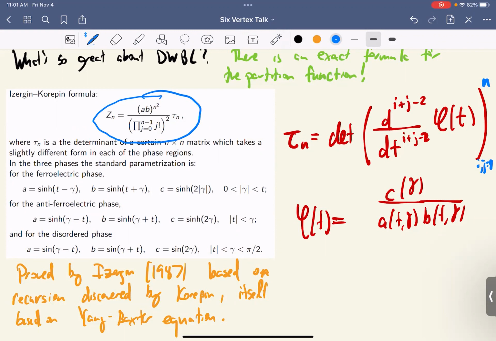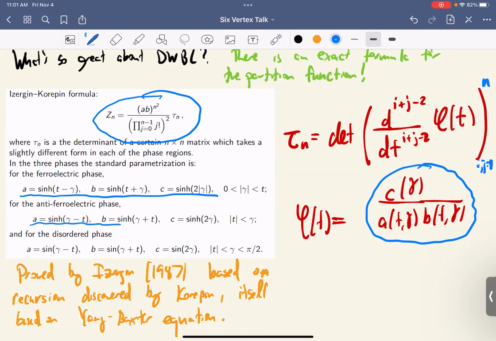The entries of the determinant are derivatives of some function. The function I take the derivatives of is given in terms of the weights, but I have to parameterize the weights in the right way. So it's convenient to use a slightly different parameterization in each of the phase regions.